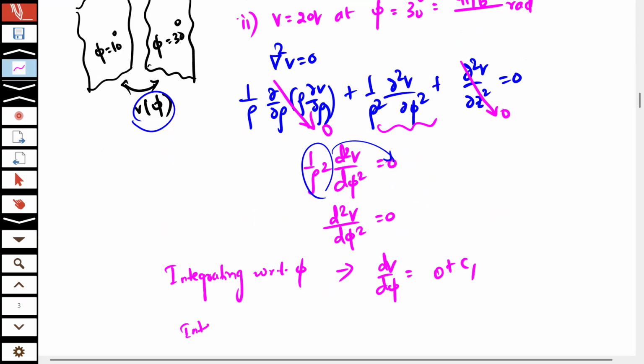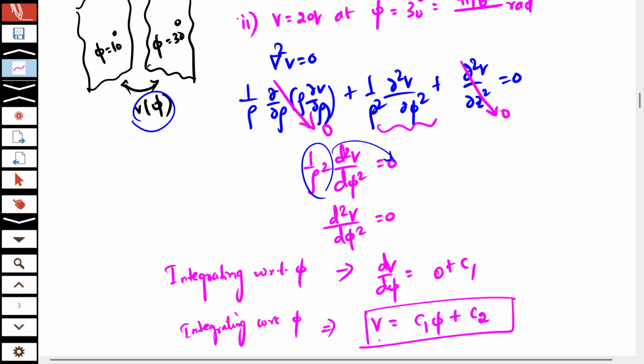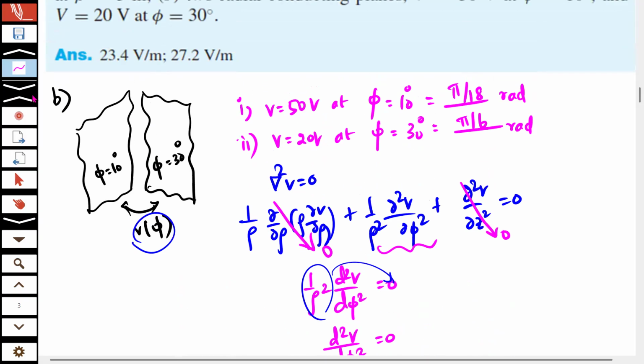One more time integration with respect to phi will give the potential function, which is V equals c1 into phi plus integration constant c2. Now this is V. By applying the boundary conditions, we have to find the constants c1 and c2.